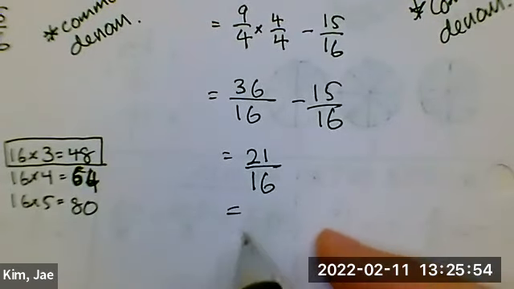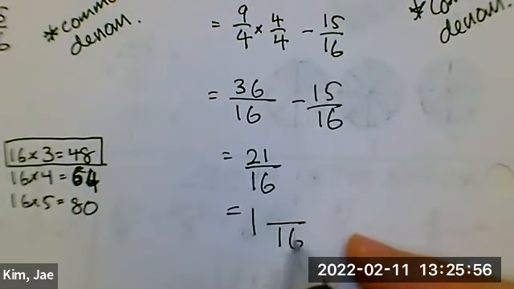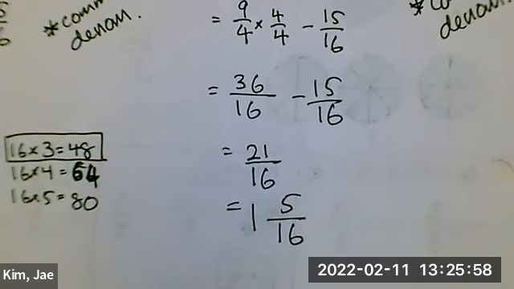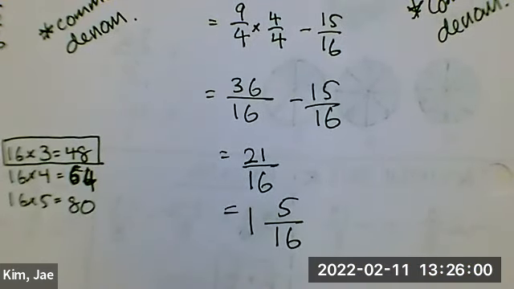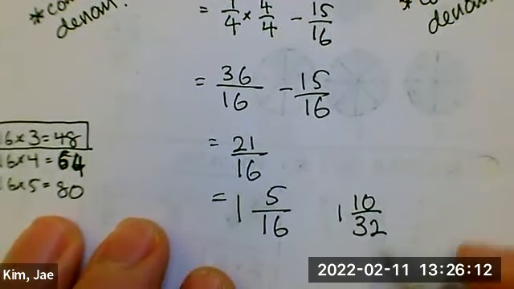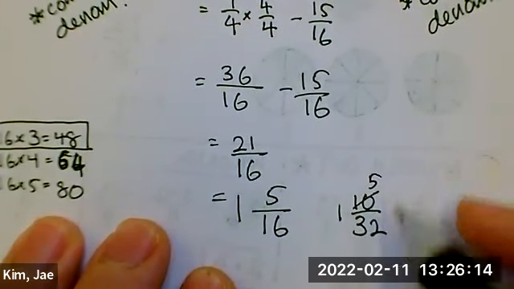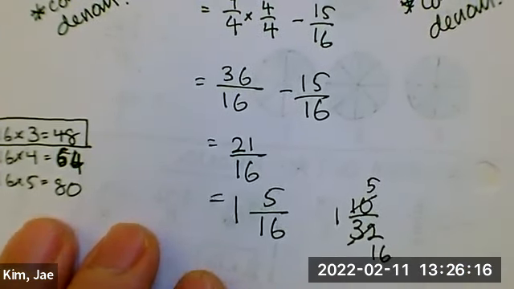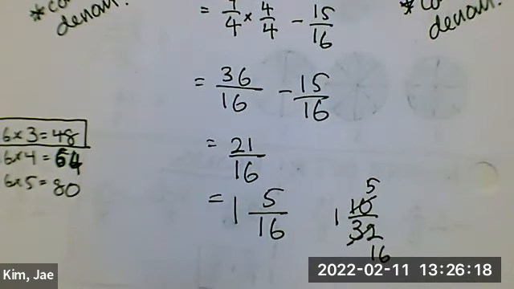So this actually equals 1 and 5 pieces are left. 1 and 10 over 32. Yes, but it's not lowest terms. You have to reduce it. I'll write it again. 1 and 10 over 32. I can divide top and bottom by a 2. So that would be a communication mark, reducing.